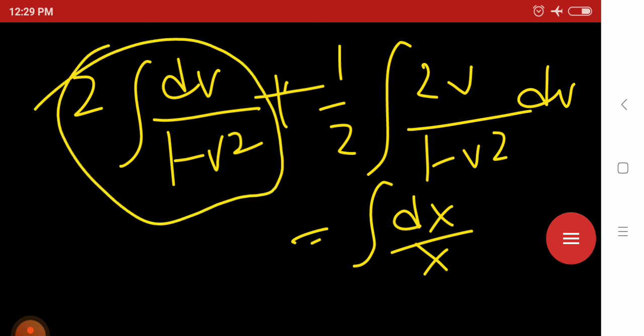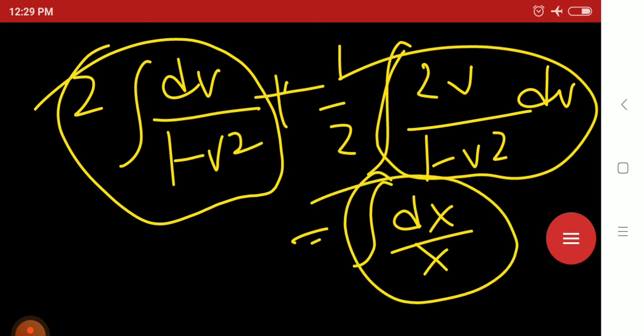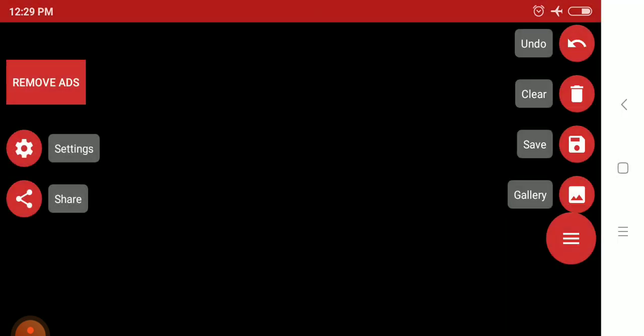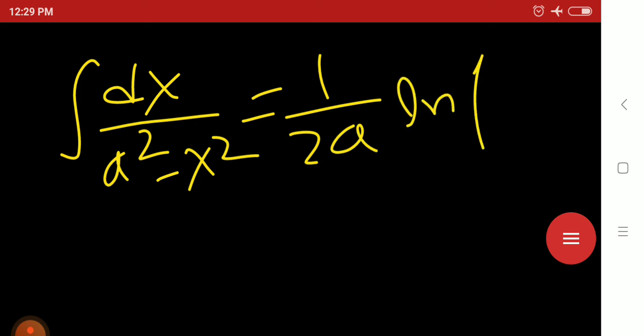So you have to do the integration of this portion, this portion, and this portion. So dv by 1 minus v square. First you have to know a form: integration of dx by a square minus x square has the form 1 by 2a log a plus x by a minus x.